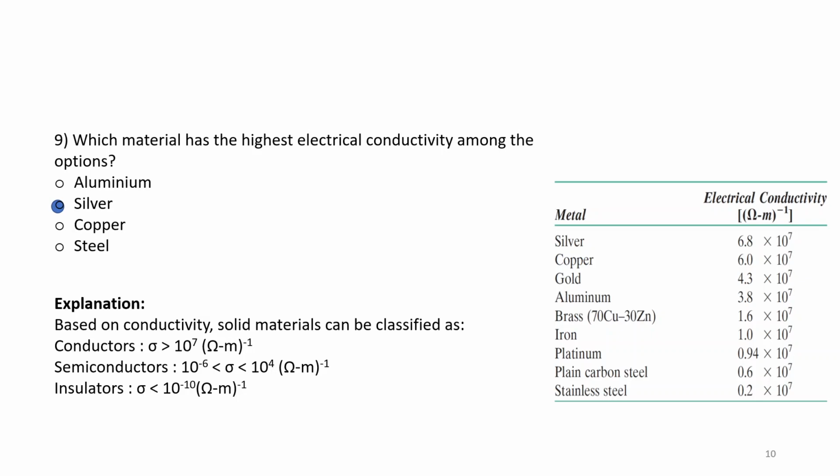For insulators it will be lesser than 10 to the power minus 10. And here from this table also you can see silver has the highest electrical conductivity. After that there's copper, then gold, and among these steel has the lowest one.